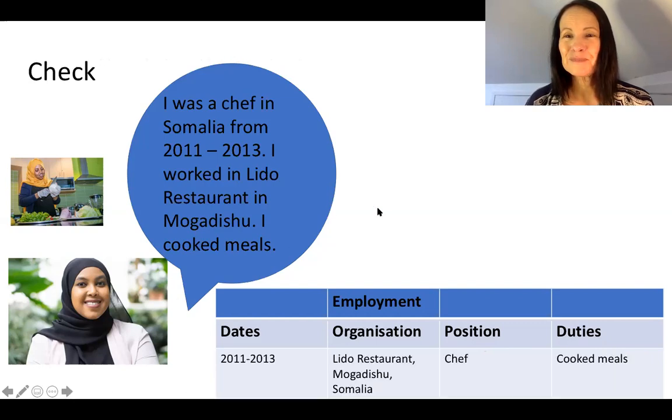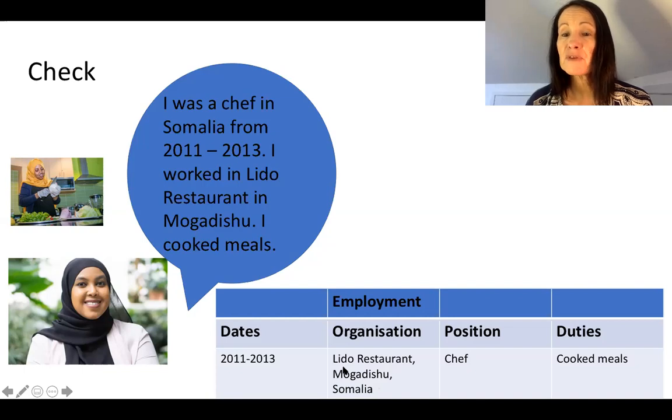How did you do? So for the dates, you've got 2011 to 2013. A couple of years, 2 years she worked. And where did she work? Lido Restaurant, Mogadishu, Somalia.